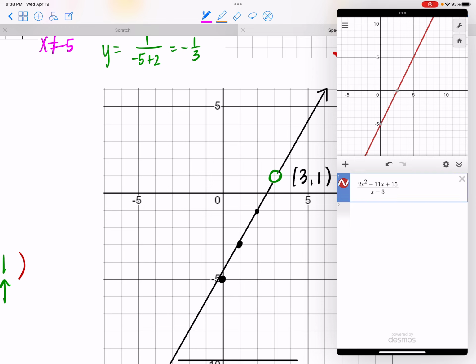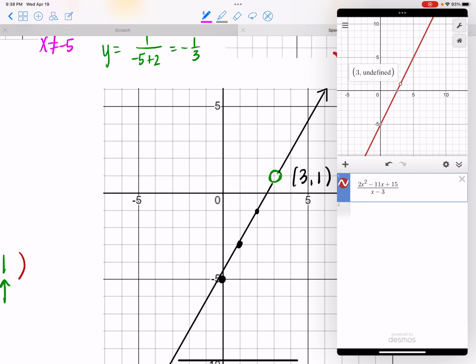So if you put your finger along the graph, and you can move the cursor along the graph, what's going to happen is when you get to an x value of 3, where we put the hole in the graph, it's going to say it's undefined.